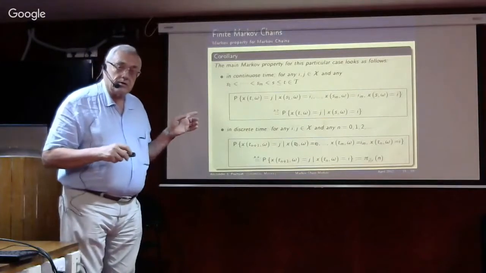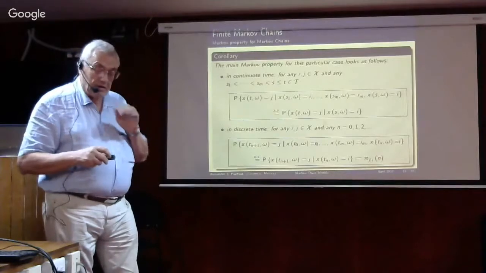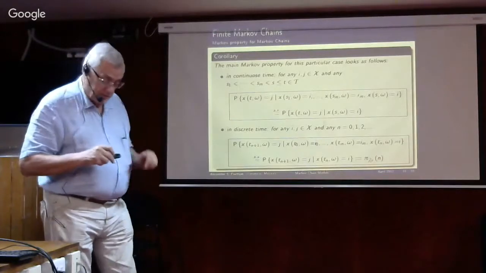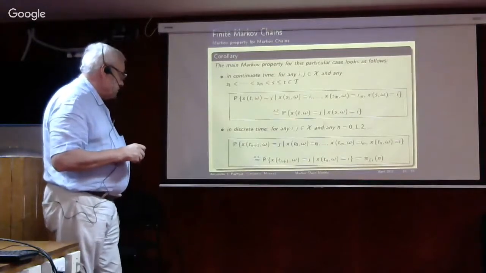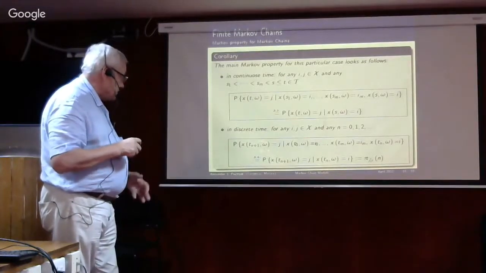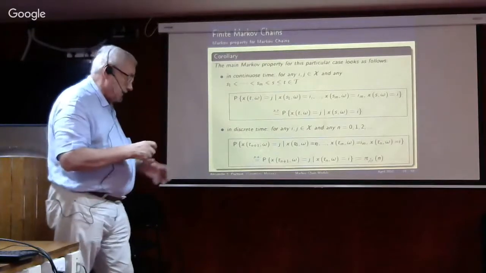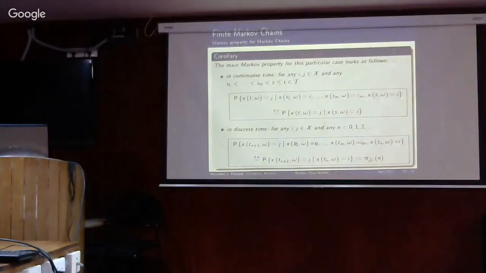A continuous time version exists, but here I only mention it briefly, as it is a little more complex. But in general, it is discrete time. So in discrete time, the probability, and we have states.